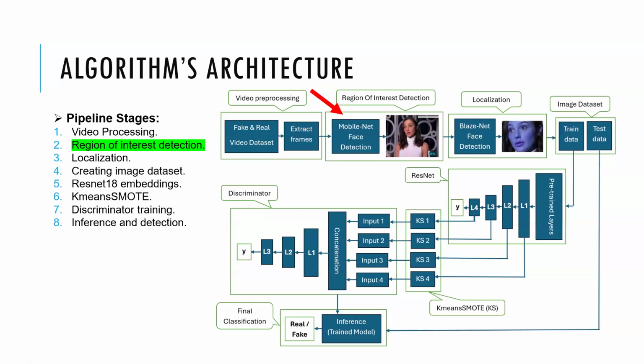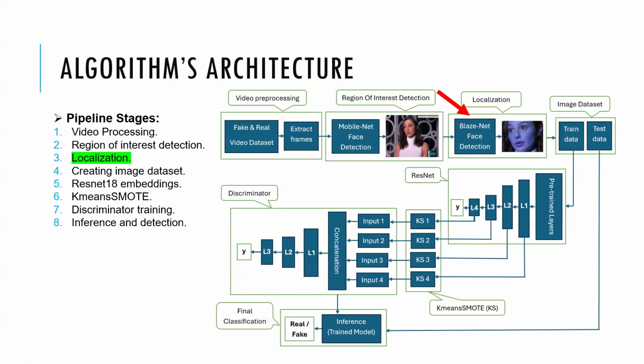After we find the region of interest, which is the region that includes humans, because we are not interested in frames that do not include humans and include trees or cars, we utilize BlazeNet, which is much better for detecting the face itself.